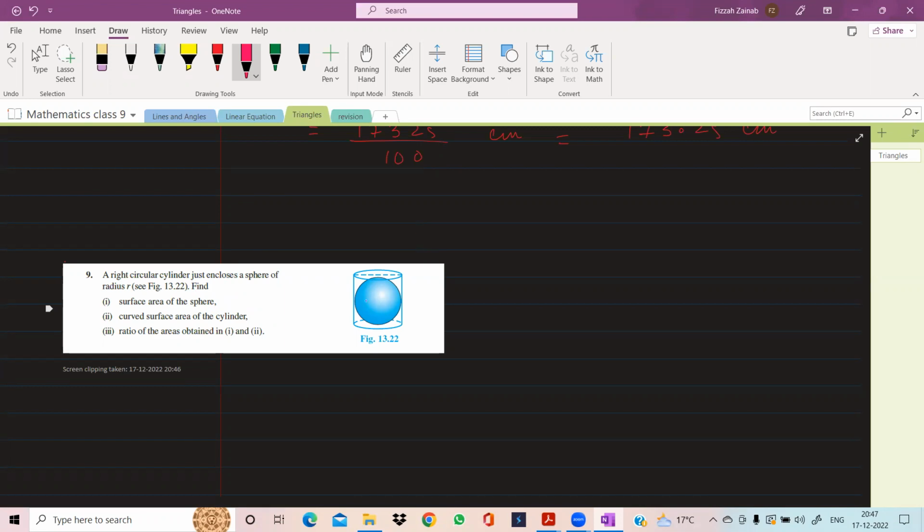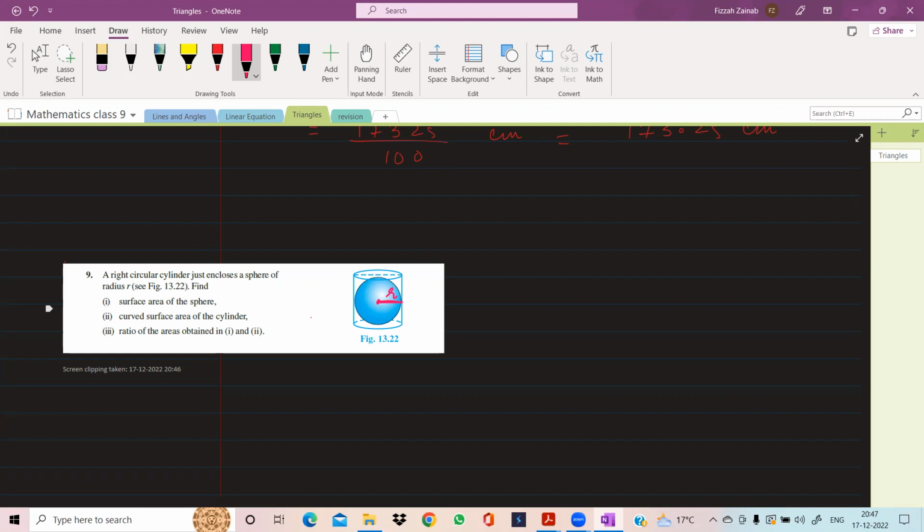So that means, let's say this is the center of the sphere, right? Because the sphere and cylinder are touching together, this is the radius of the sphere, and this is also the radius of the cylinder, isn't it? So if this radius is small r as given in the question, the radius of sphere is also small r, radius of cylinder is also small r. Understand?